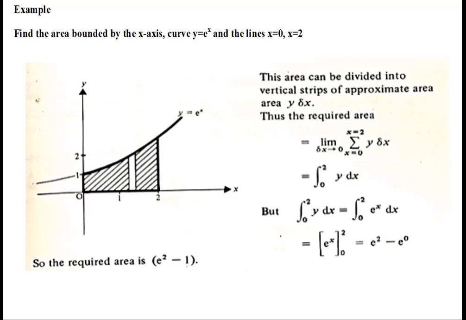And you basically have to find the shaded region here. This is just to illustrate that concept I was showing you earlier. So you take a little strip and the area of that strip will be roughly y delta x.